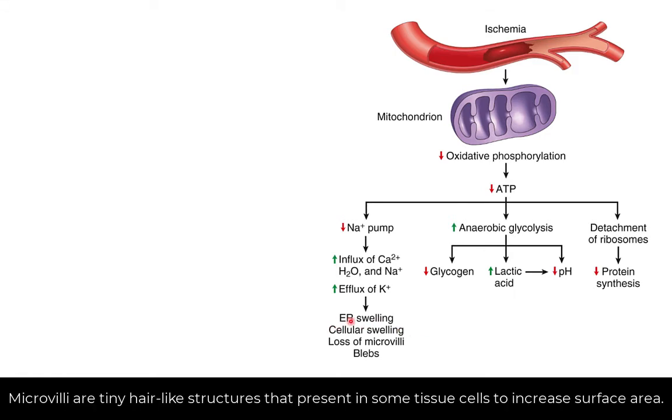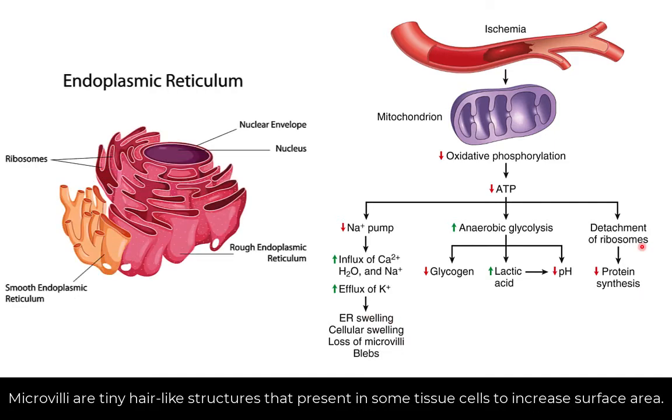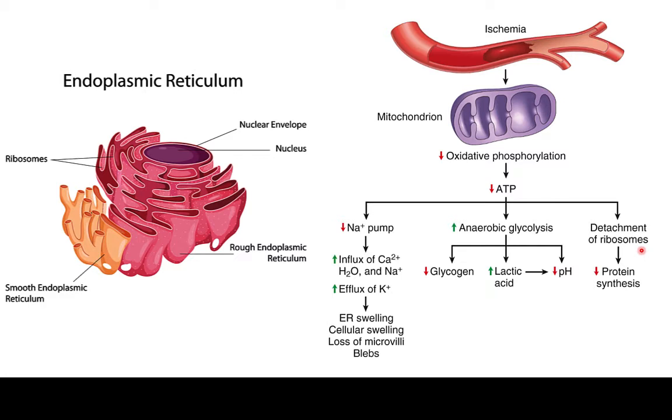The endoplasmic reticulum is attached to ribosomes. Ribosomes make proteins. Ribosomes are the machinery, the factory for protein production. So when the endoplasmic reticulum starts to swell and the ribosomes are attached normally to this endoplasmic reticulum, now there will be detachment of ribosomes.